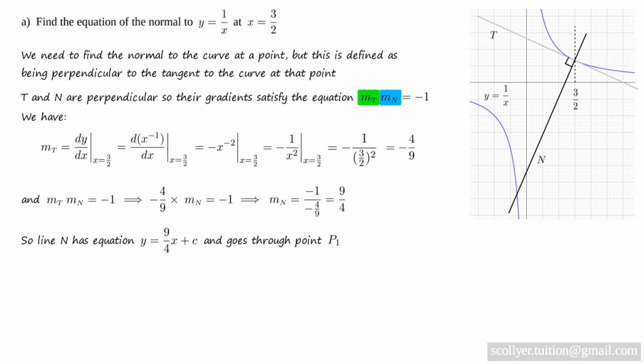So the line n has the equation y equals 9 over 4x plus c, and it goes through the point P1, here in green on the graph, and P1 also lies on y equals 1 over x, of course. We now have to find the value of the constant c.